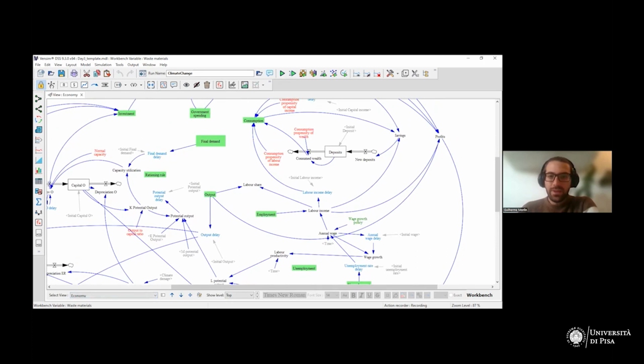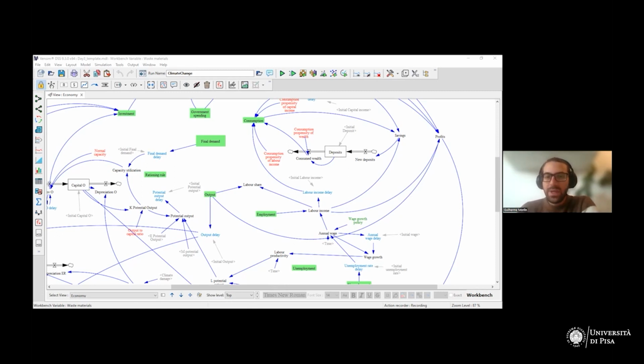So the first part of the exercise is to compute final demand. Final demand is composed of consumption, investment, and government spending. In this very simplified model, we are working with a closed economy, so we don't have international trade. Each of these components has its own dynamics.